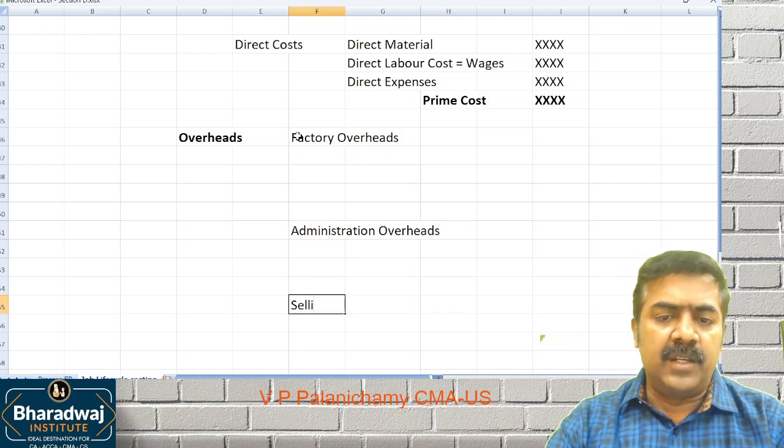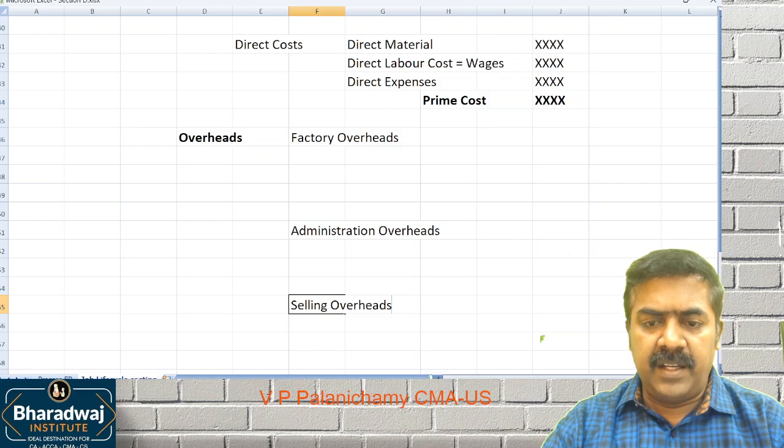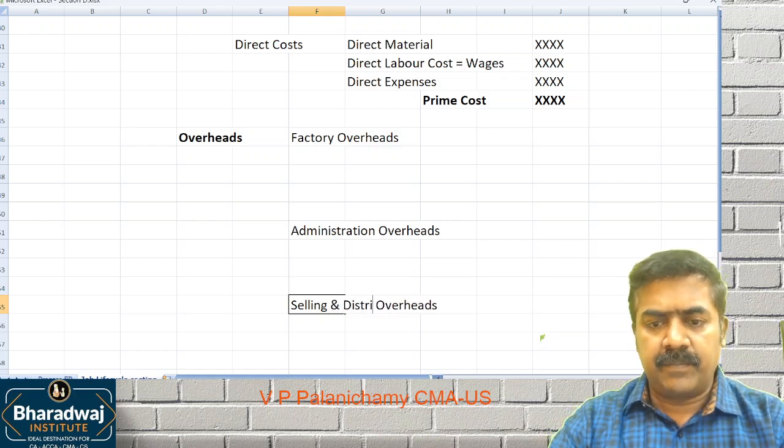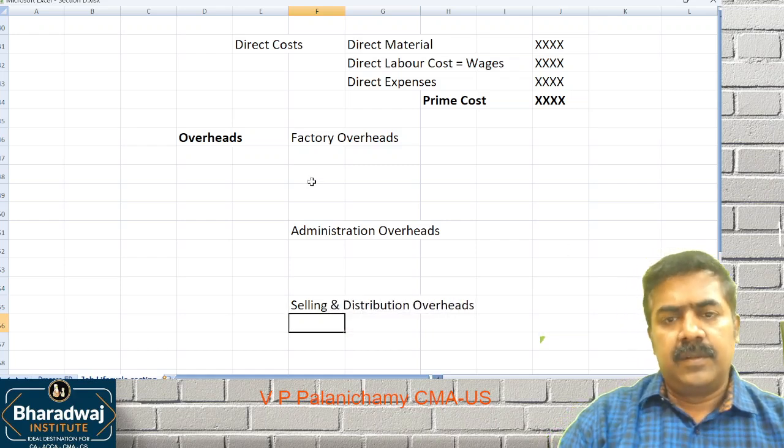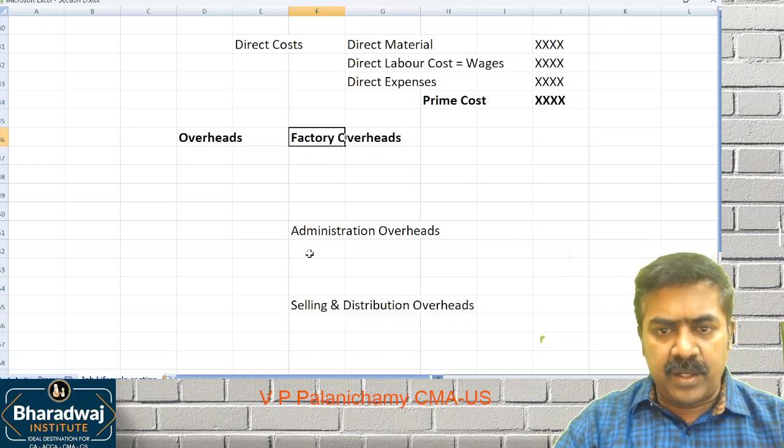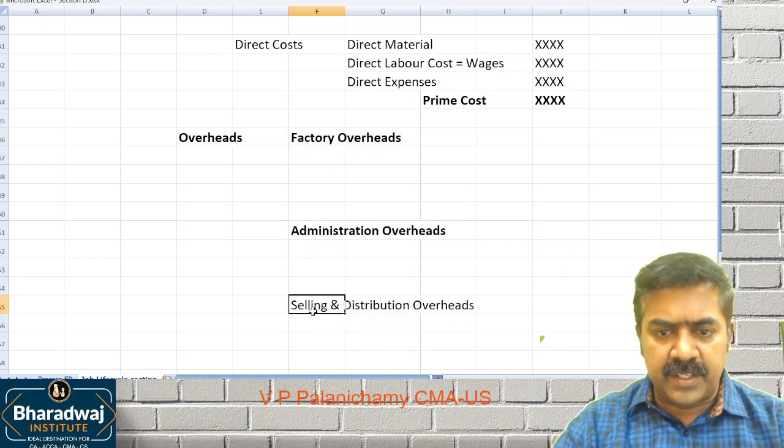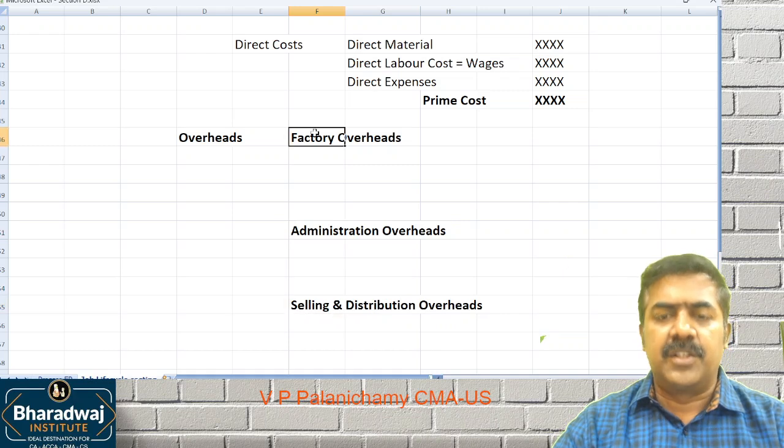It may be selling overheads. It may be selling and distribution overheads. So: factory overheads, administration overheads, and selling and distribution overheads.